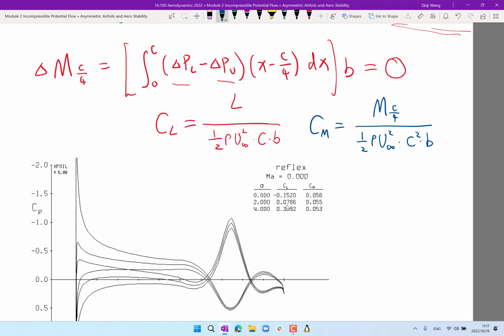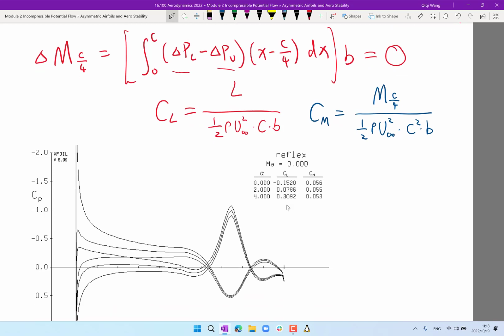One way to think about it is that if you put the airfoil at a unit aerodynamic pressure, right, half of rho u squared equal to 1, with a unit chord and unit span, how much moment do you get? Similarly, CL is, if you have a unit aerodynamic pressure, unit span, unit chord, how much lift do you get? That's an easy way to think about it.